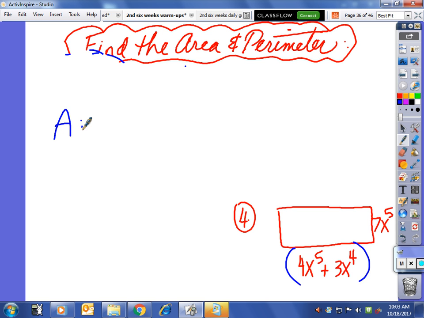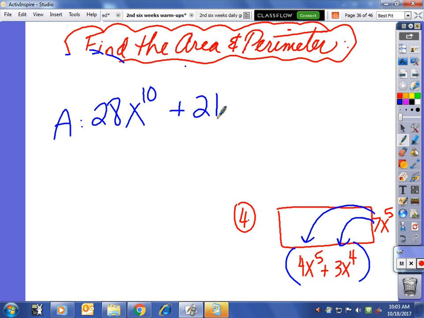So area, you're going to do 7x to the 5th times 4x to the 5th, 28x to the 10th. And then you also have to do 7x to the 5th times 3x to the 4th, positive 21x to the 9th. That's my area.